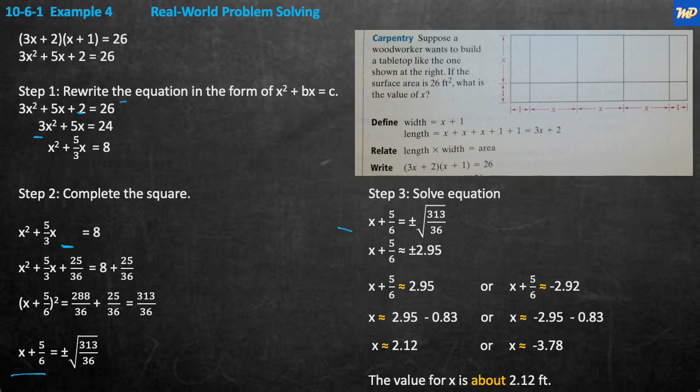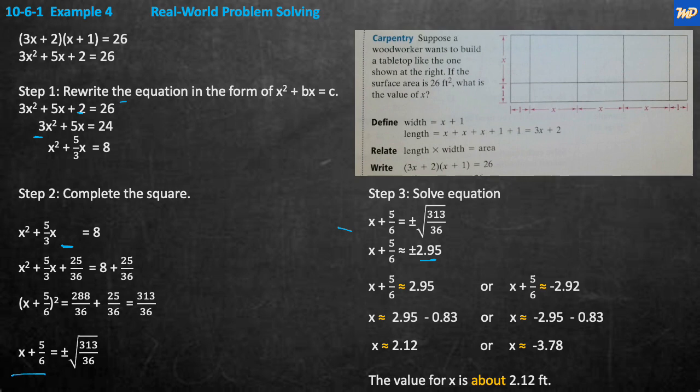Going to the next line, x plus 5/6 is approximately equal, because we're going to take the square root of this number on a calculator, and we're going to get plus or minus 2.95. We used a calculator to get that. It's approximate. You can't take the square root and get a number that doesn't go on for a zillion digits. It's infinite.